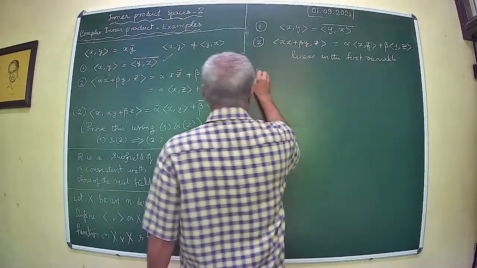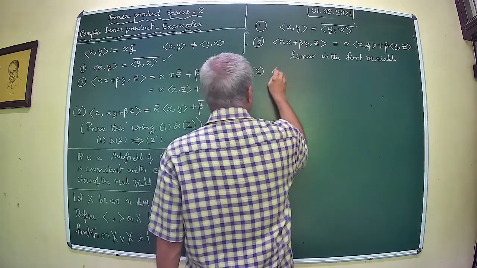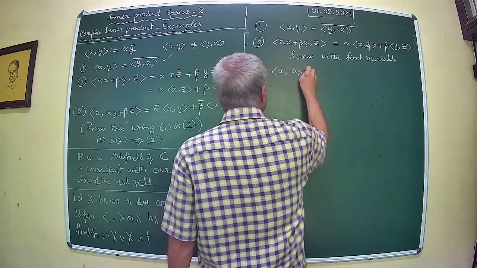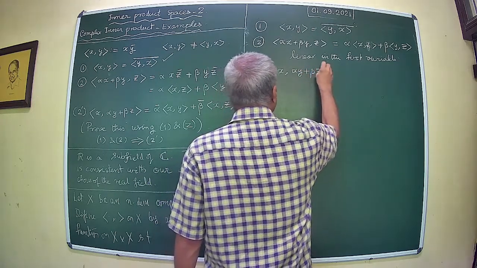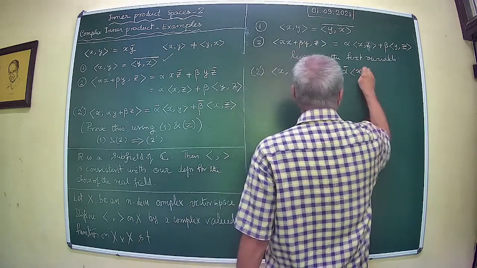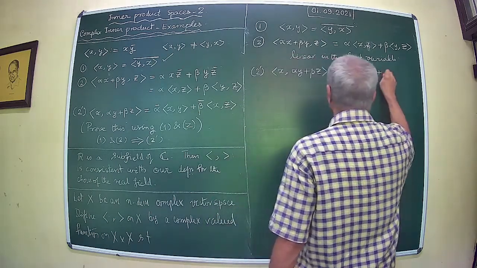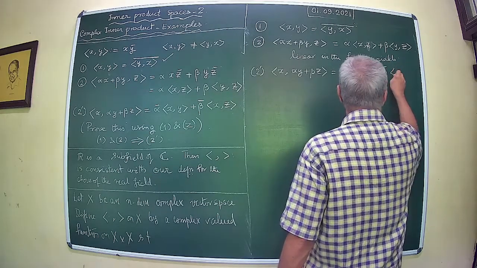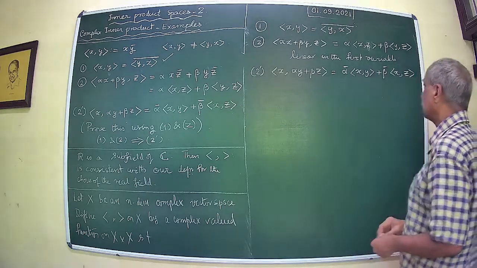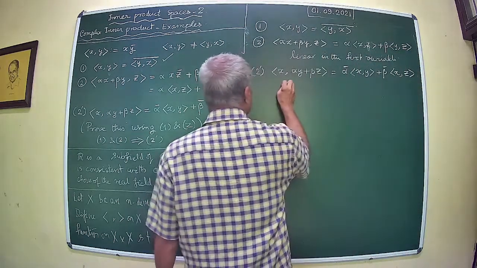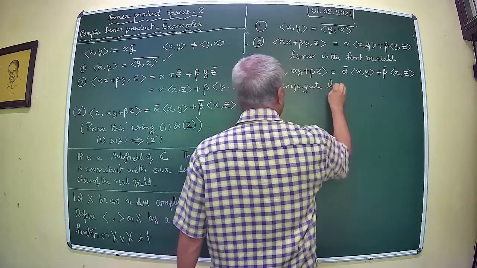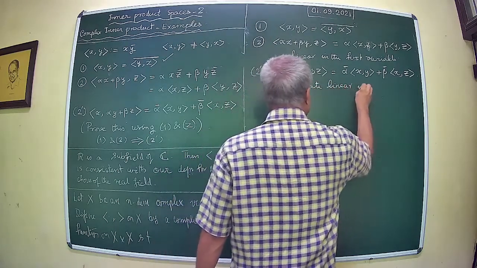And 2 prime is, this is what you call conjugate linear in the second variable.